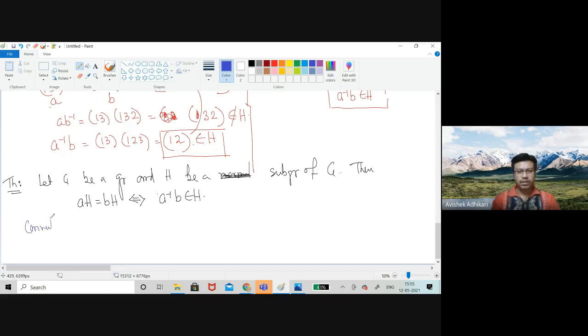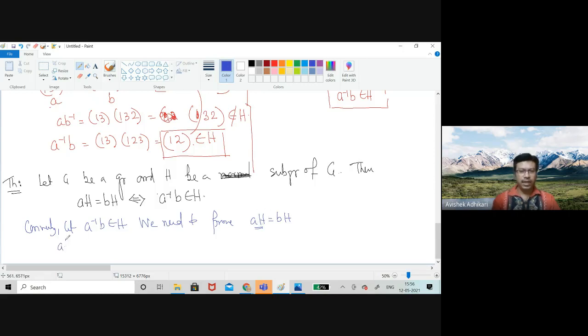Conversely, let A inverse B belong to H. We need to prove AH equals BH. As the set approach, this is an element of AH. So it's a set.